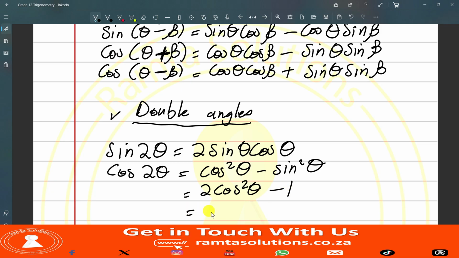In terms of sine, you will get 1 minus 2 sine square theta. So these are the identities that you use in grade 12. The compound angles and the double angles I just mentioned, their formulas are given.